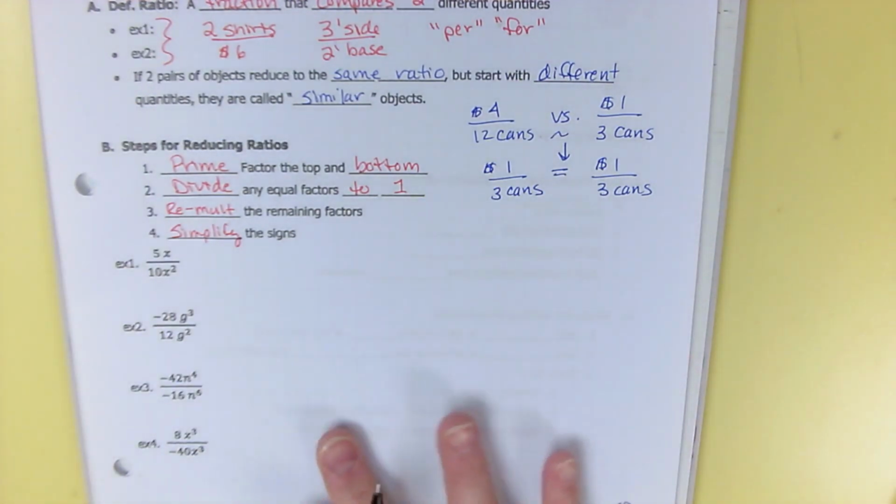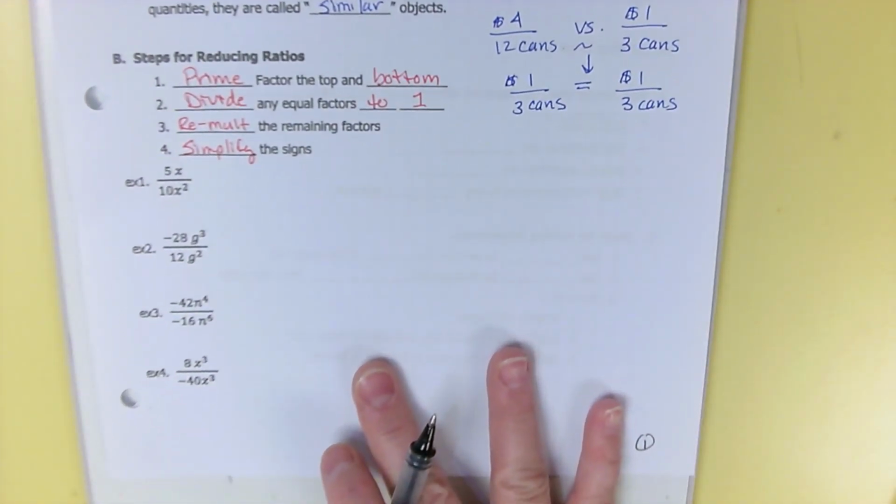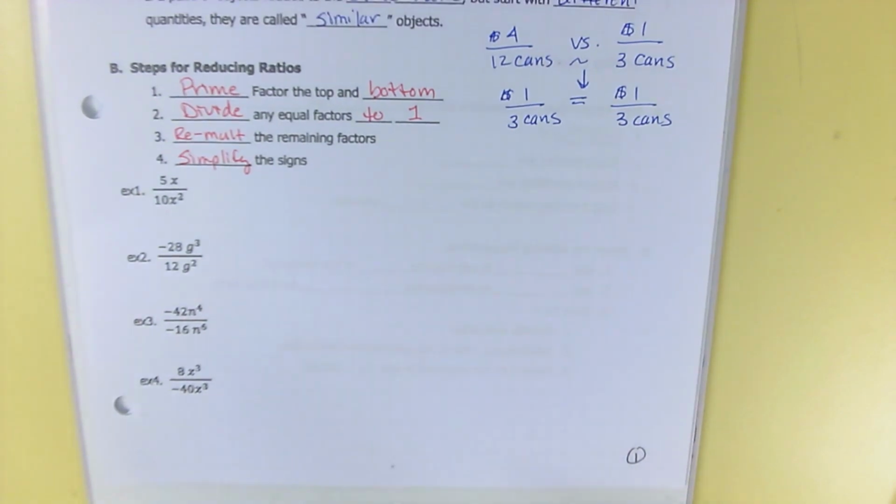Trick about fractions is we get so used to doing mental division that when mental division doesn't work, oftentimes we're dead in the water. We don't know how to reduce the fraction. So I'm trying to give you a method that you can reduce any fraction, no matter how complicated or how many variables are in it. You have at least a strategy to attack it with. I fully understand that if it's something really easy, like 3 over 12, you're going to know that reduces to 1/4.